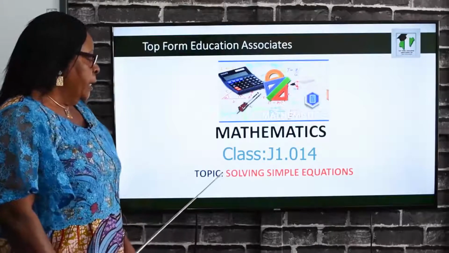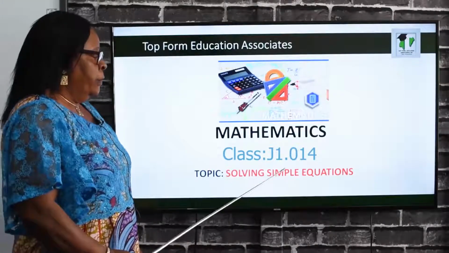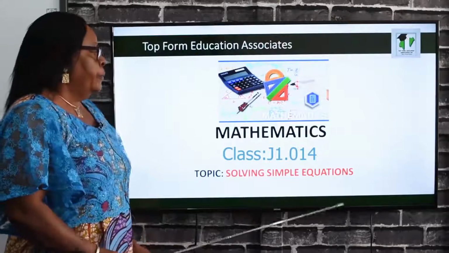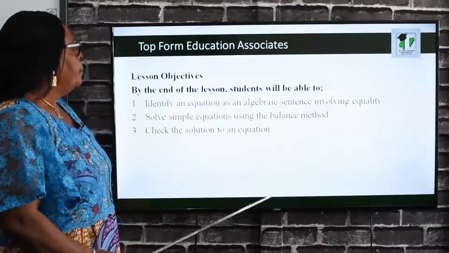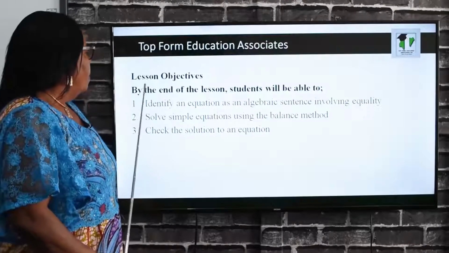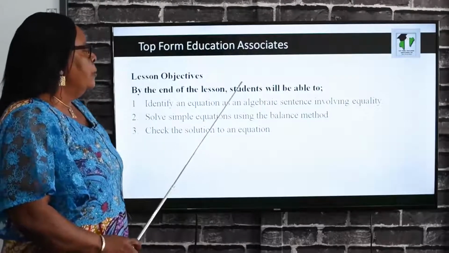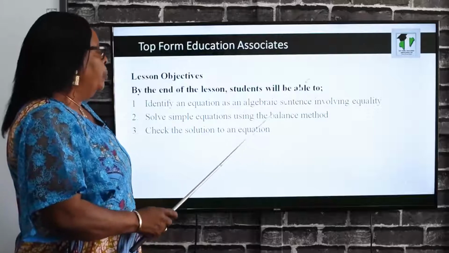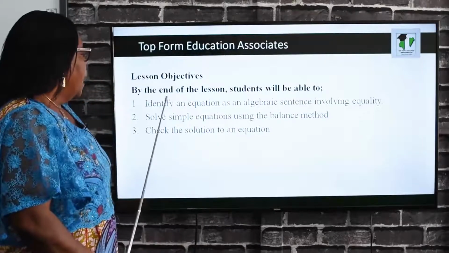Our topic is solving simple equations. Our lesson objectives. By the end of the lesson, students will be able to: 1.